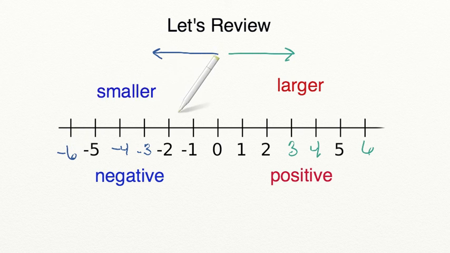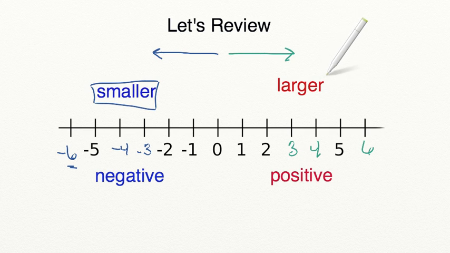Now these numbers are getting smaller and smaller the further we get to the left. Even though it looks like the number is getting larger, it's not because it's getting further away from 0. And the further away from 0 you get with negative numbers, the smaller they are going to be. The further away from 0 you get with positive numbers, the larger the numbers are going to be.